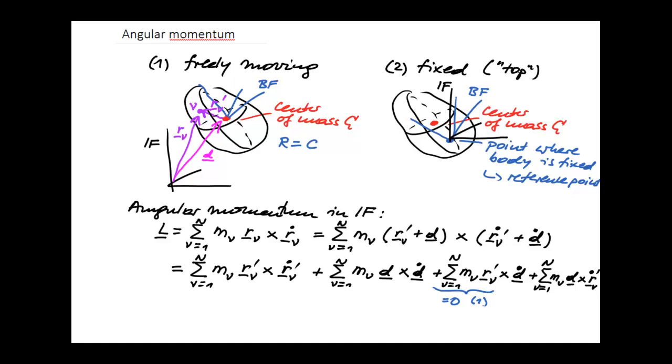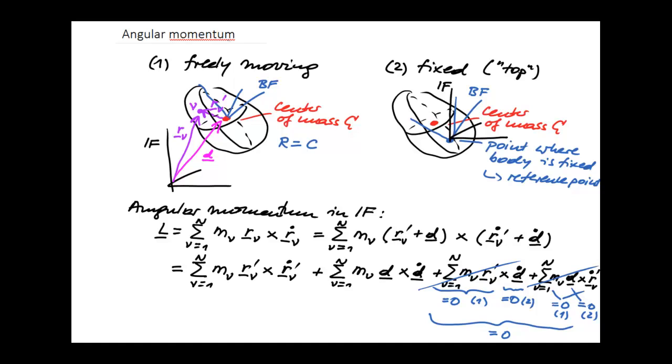They are both located in the reference point, and therefore the vector d equals 0, and also d dot equals 0. So this is 0 in the second scenario. And likewise in this term, here the sum over m nu r nu prime dot is equal to 0 in the first scenario, and d is equal to 0 in the second scenario. So to summarize, in both scenarios this is equal to 0, and we can neglect these two terms.